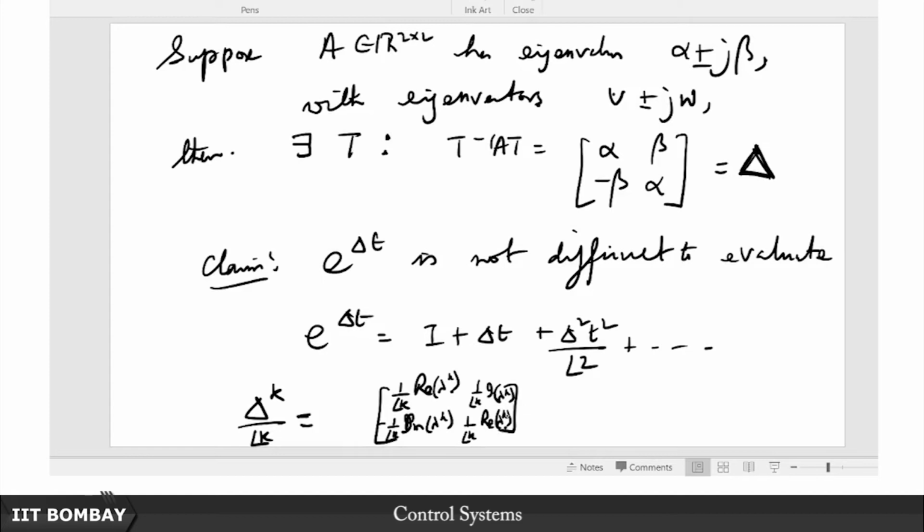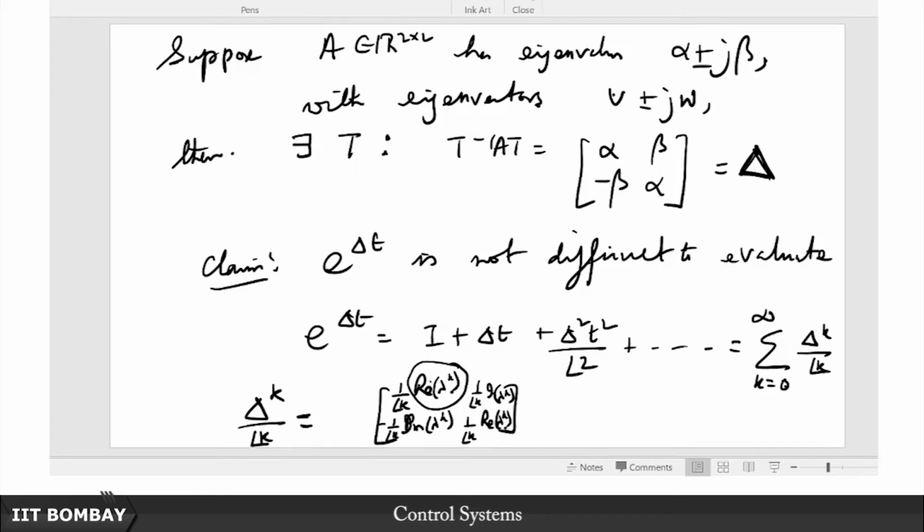Now if you keep summing this, you notice that this is nothing but the summation, k going from 0 to infinity, of delta to the power k by factorial k. So you sum together these terms. Now, entry-wise, what is this?